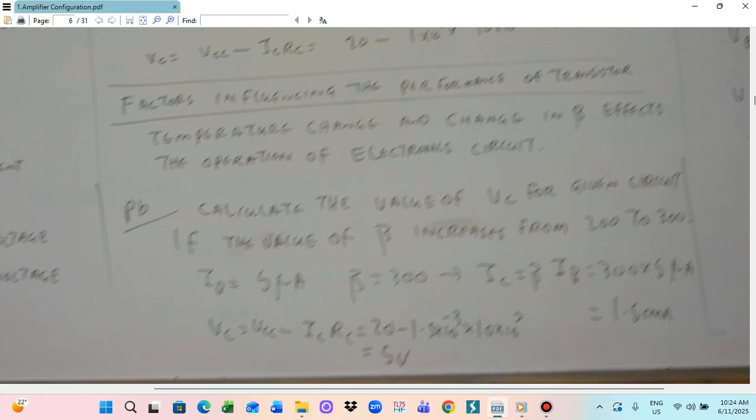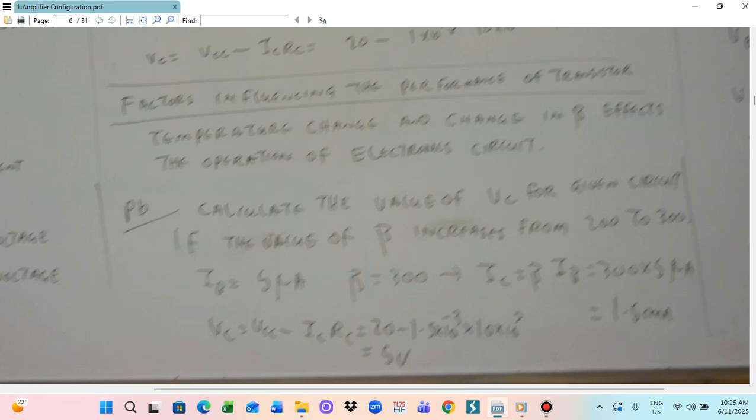So the amplifier working situation is we can design the electronic circuits to get a specific condition. When we expect a certain IC and IB, a certain amplification factor needs to be achieved so that the electronic circuit can work well. But when the temperature is higher or lower, it affects the change in the beta value.